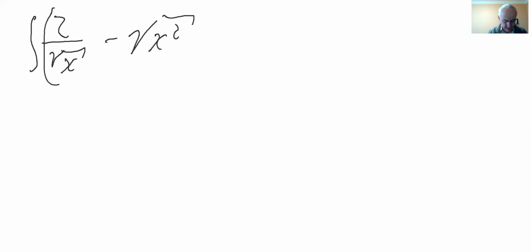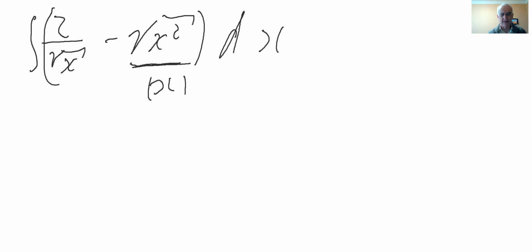I will write down this example: integral 2 over square root of x minus square root of x squared dx. So the square root of x squared is the absolute value of x. And Georgi's question was, how can we integrate the absolute value? Do you have any idea how to solve this issue?